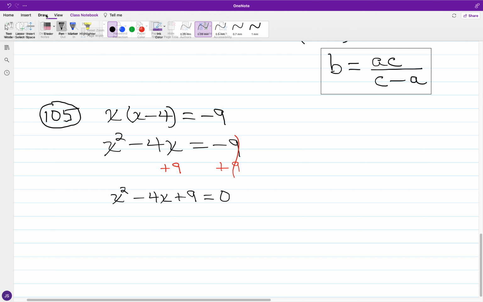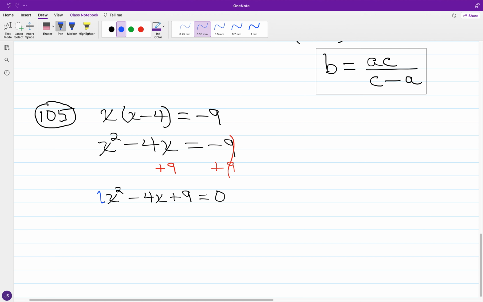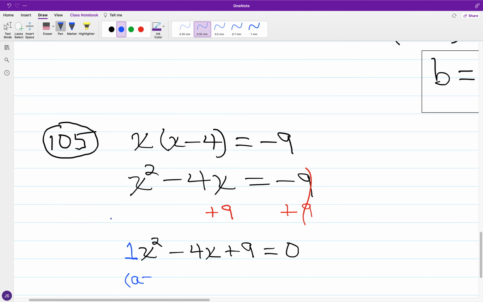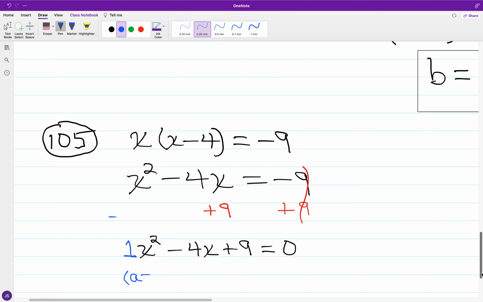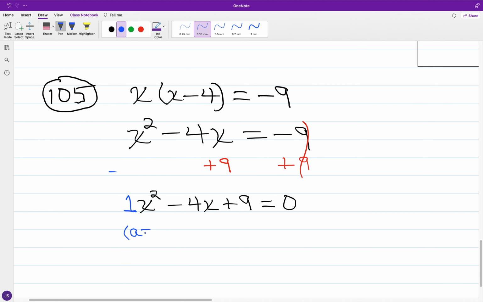You have x squared, or 1x squared, so a is equal to 1. For negative 4x, b is equal to negative 4. Then c is equal to 9.